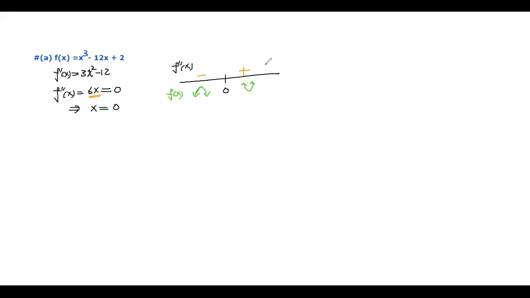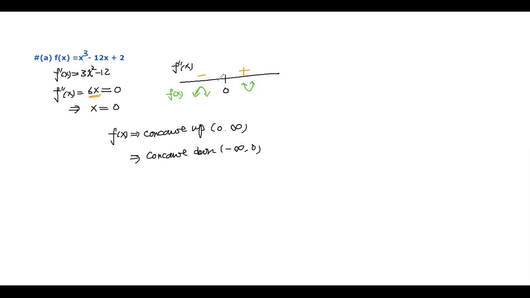So now I can come to the conclusion. The f of x is concave up. From where to where? From 0 to infinity. And the f of x is concave down where it's negative, so it's negative infinity to 0.